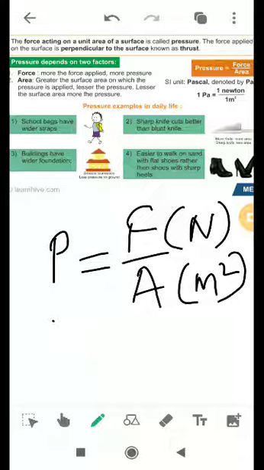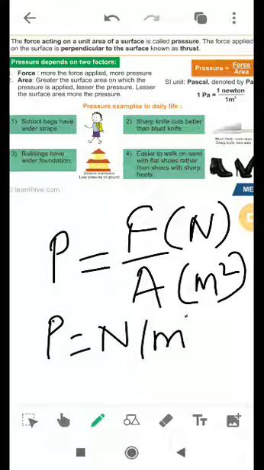And the unit of pressure becomes Newton per meter square, which is equal to Pascal, named after the scientist Blaise Pascal. According to his surname, Pa is written for Pascal. So its SI unit is Pascal, which is equal to Newton per meter square.